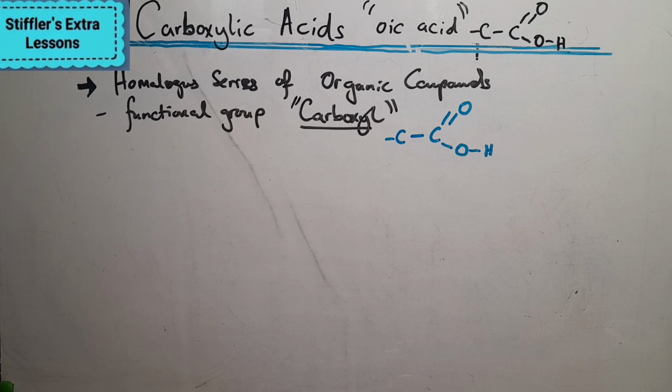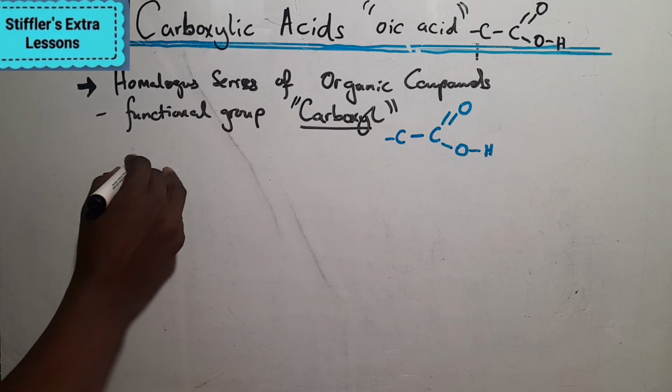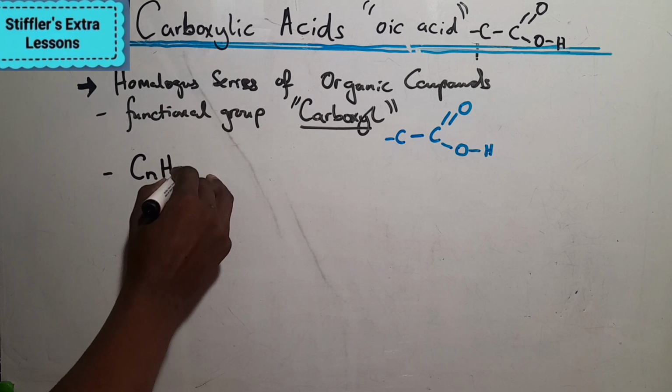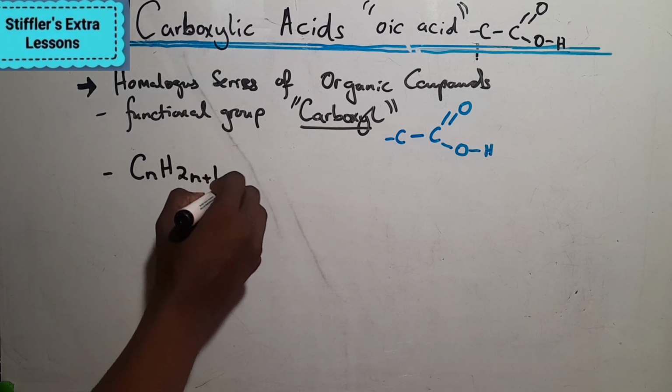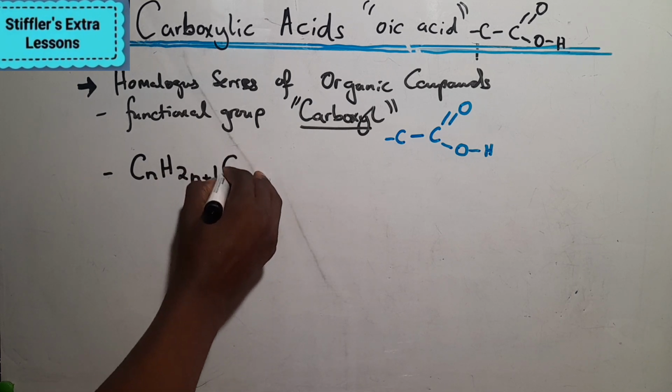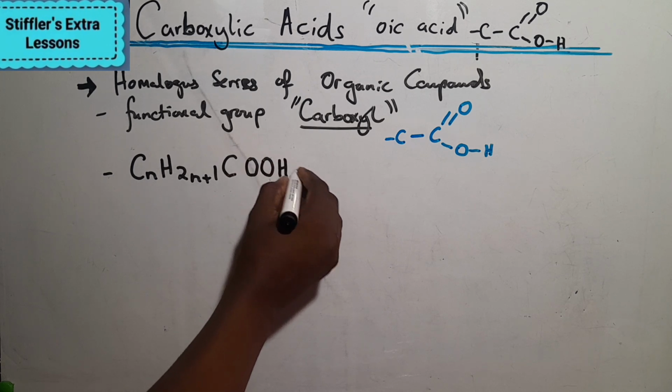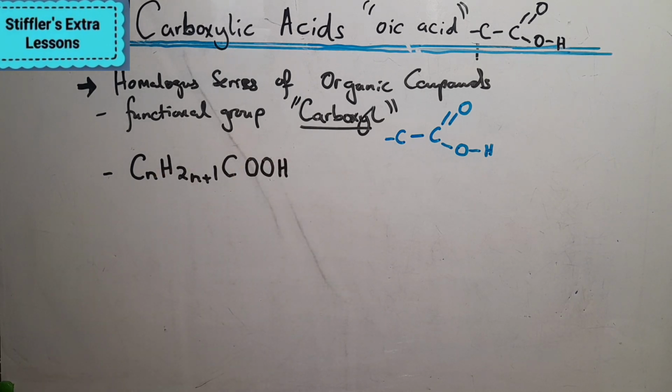And the general formula for this is just CnH2n+1COOH, and we also represent this carbon that is carrying the carboxyl group. So naming these carboxylic acids is easy.